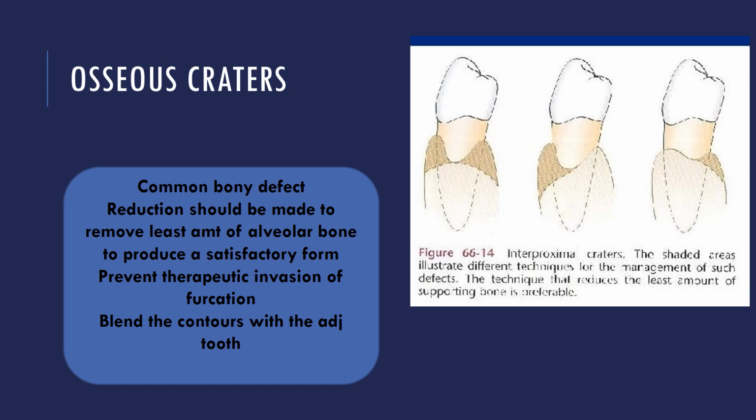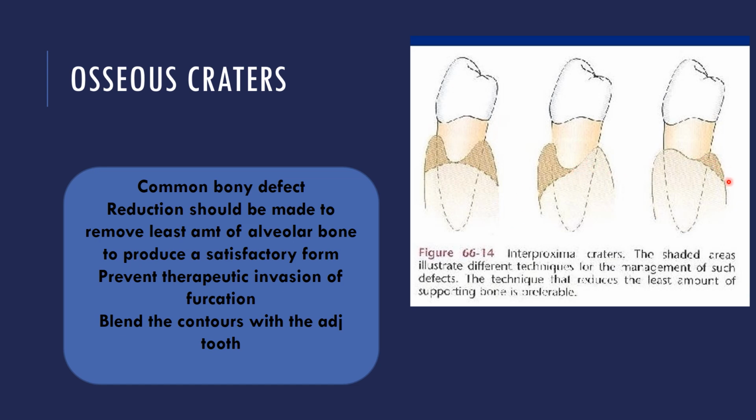This is a very common defect. Reduction should be made to remove the least amount of alveolar bone to provide a satisfactory form. So they prevent the therapeutic invasion of the furcation and blend the contours with the adjacent tooth. So there is this interdental area. You can see that this can be removed either this way or this way or this way.